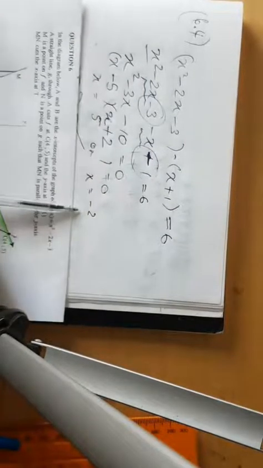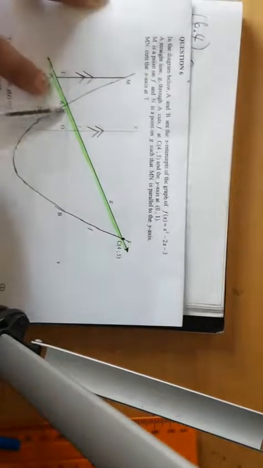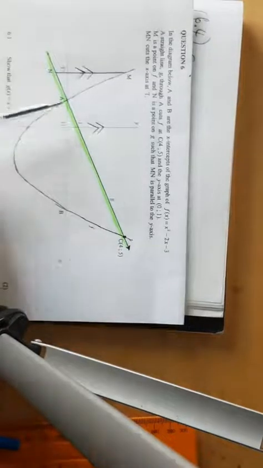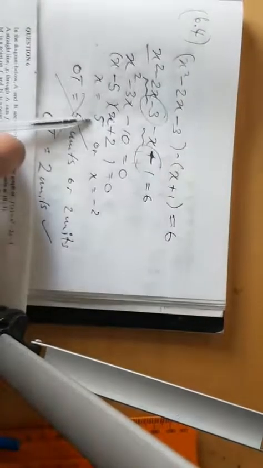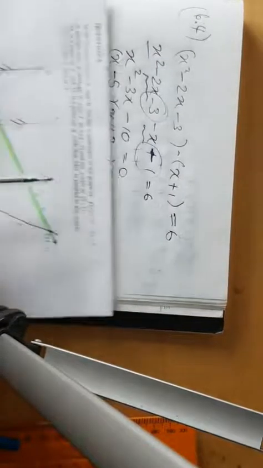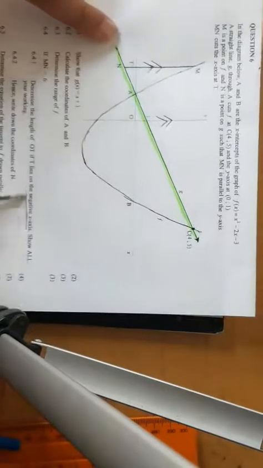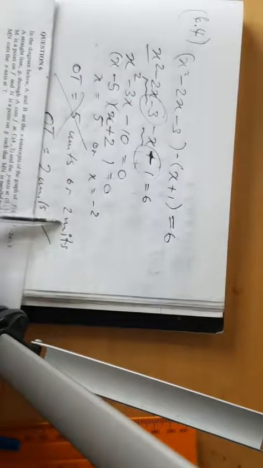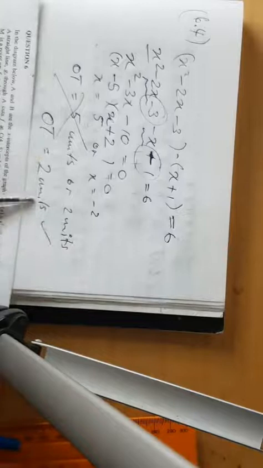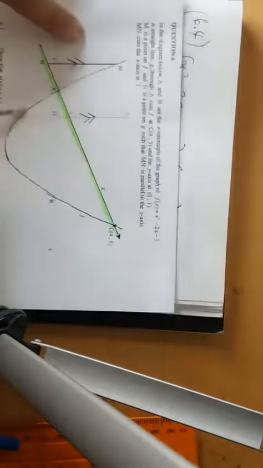And then I got x values, which means one x value is positive and the other one is negative. They say it can be negative 2 or 5, but remember they already told us that it's on the negative x-axis, so it can't be 5, so it's supposed to be -2. So that's why the length of OT is going to be 2 units.